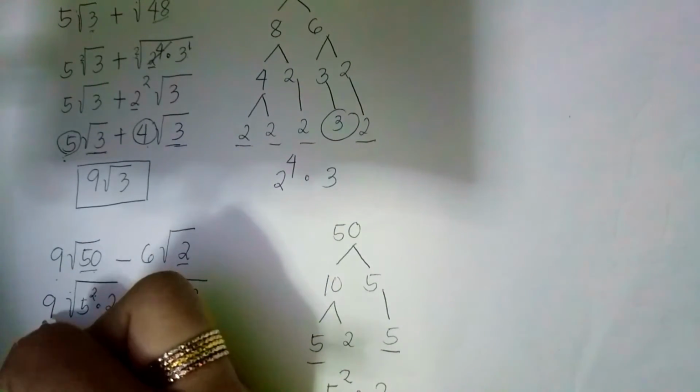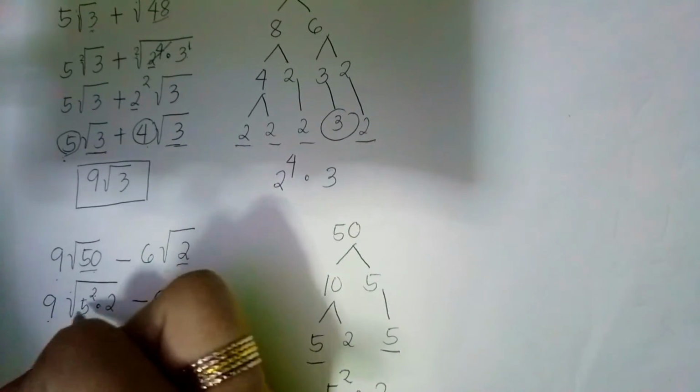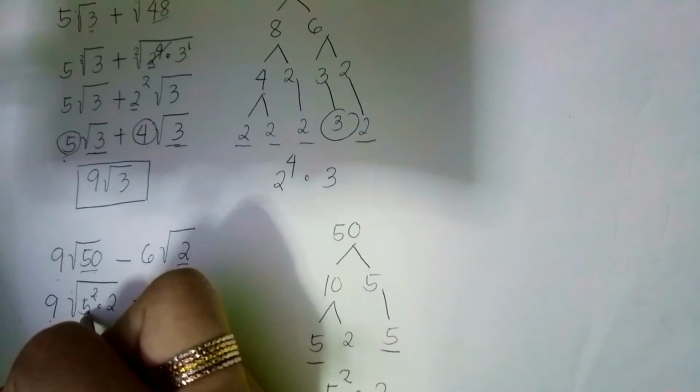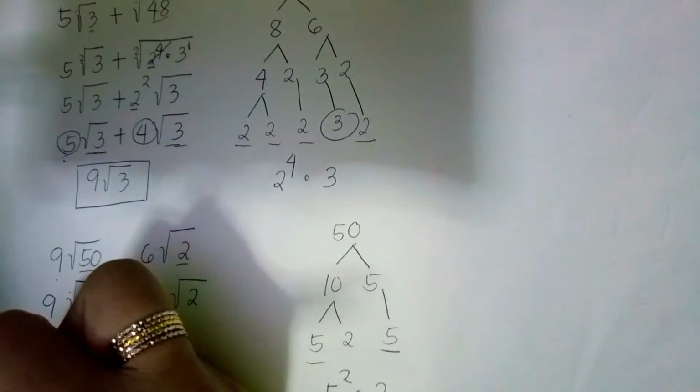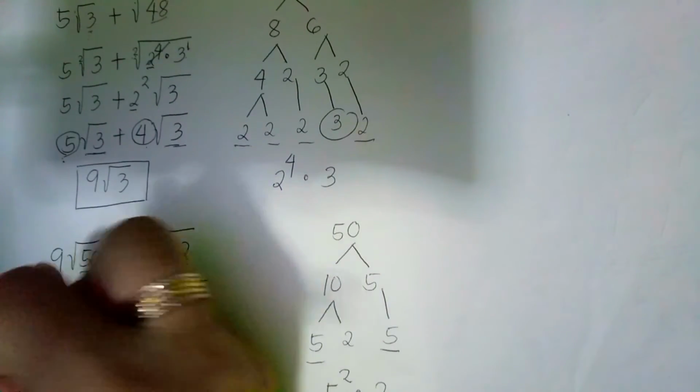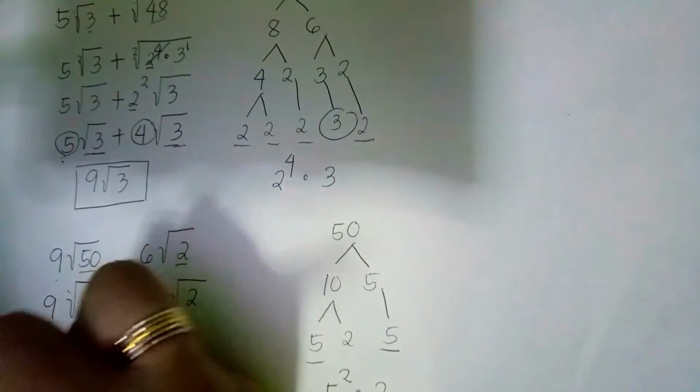Now the coefficient outside, 9, will be multiplied to 5, which is the square root of 5 squared. So 9 times, 2 divided by 2 is 1, so what's left is 5.